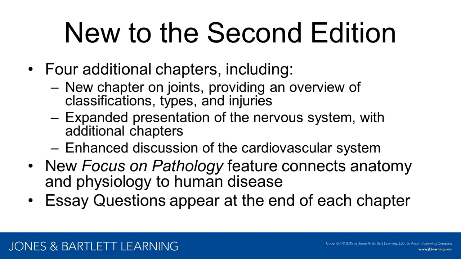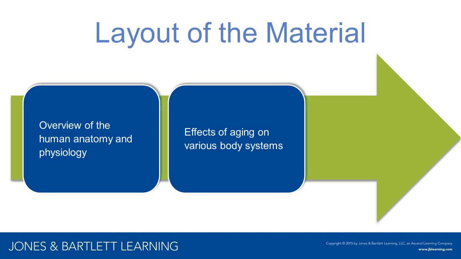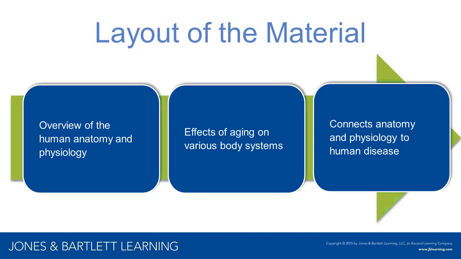And it also contains a lot of X-ray imaging, CT scan, and MRI. And also at the end of each chapter, I have offered effects of aging on various body systems.